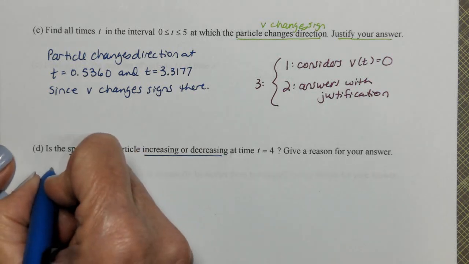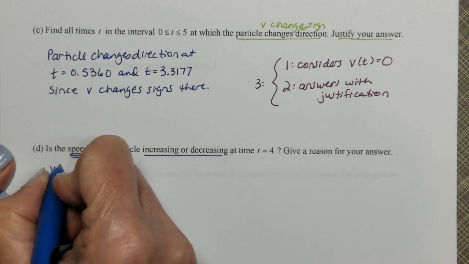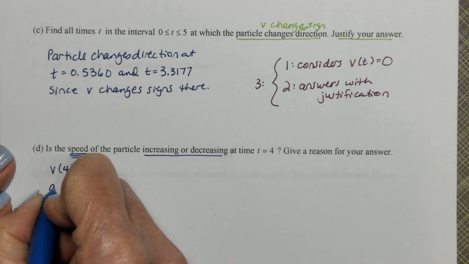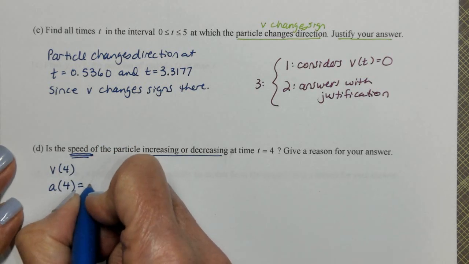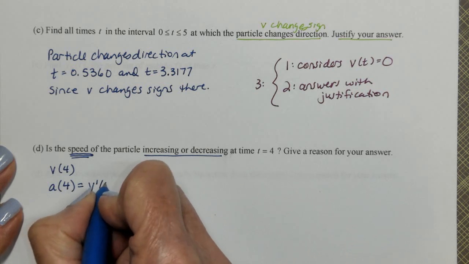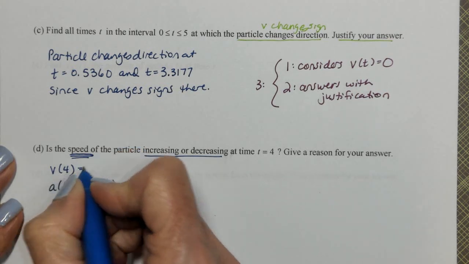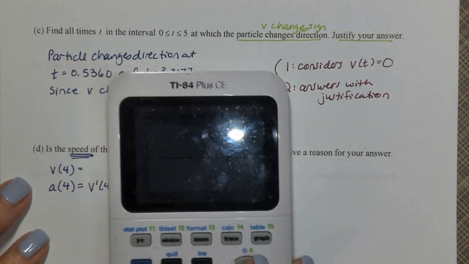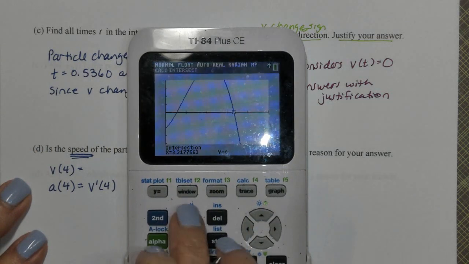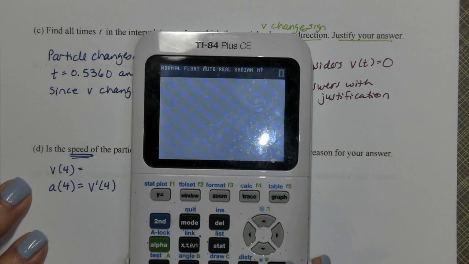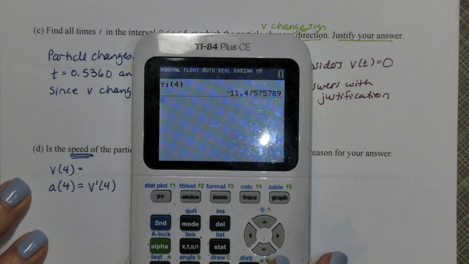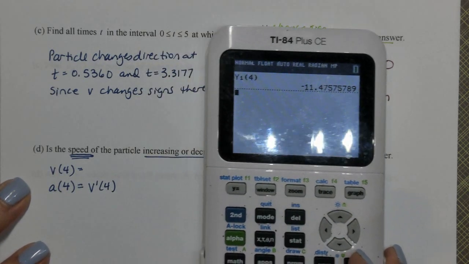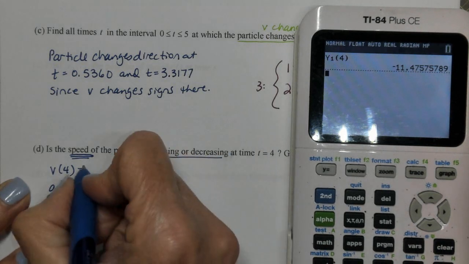So I am going to find the velocity at time 4, and I'm going to find the acceleration at time 4. And remember, acceleration is the derivative of velocity. So the velocity at time 4 is just our y1 at time 4, negative 11.4757.